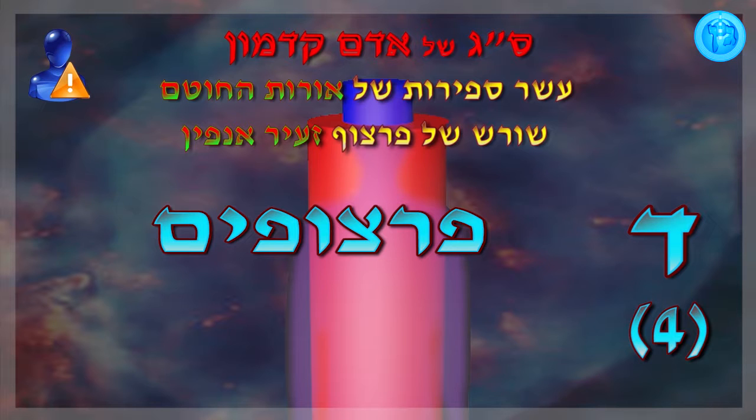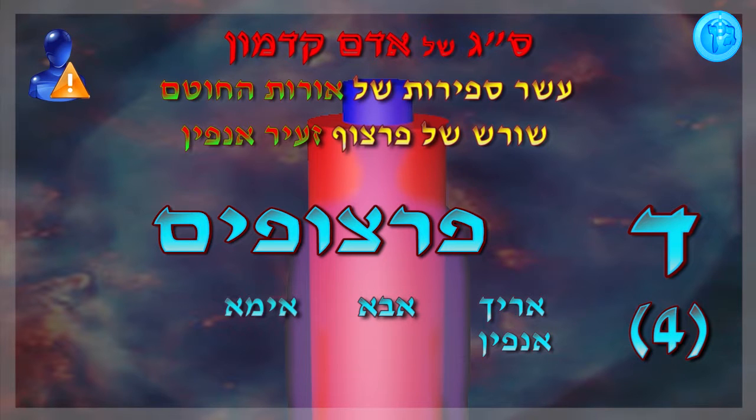These parzufim are Arich Anpin, Abba, Ima, and the female counterpart of Ze'er Anpin.